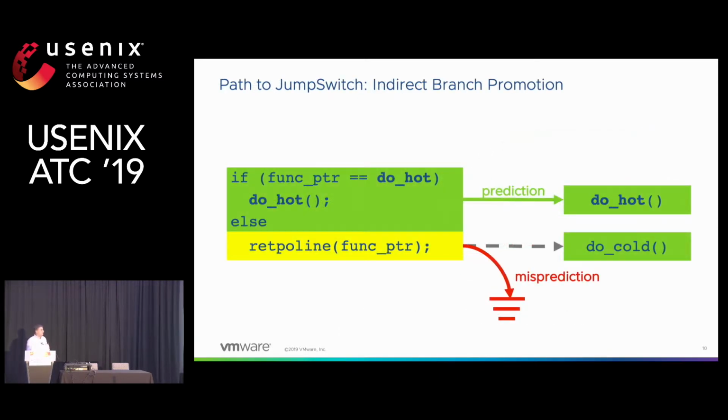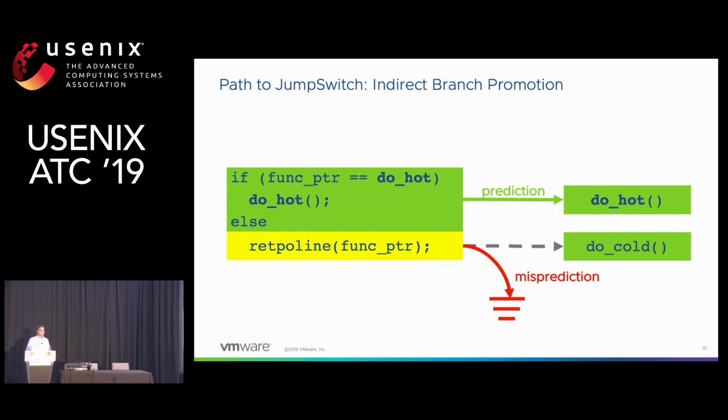So the main idea behind our solution is a common technique, which is called indirect branch promotion. And to explain the basic idea, assume that we do have some function which is called doHot, and we know that this function is the one that is usually executed by an indirect branch.